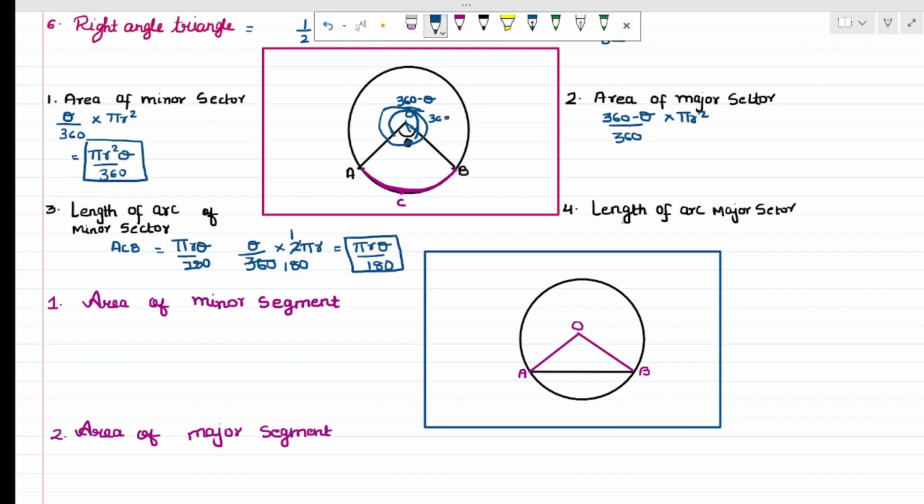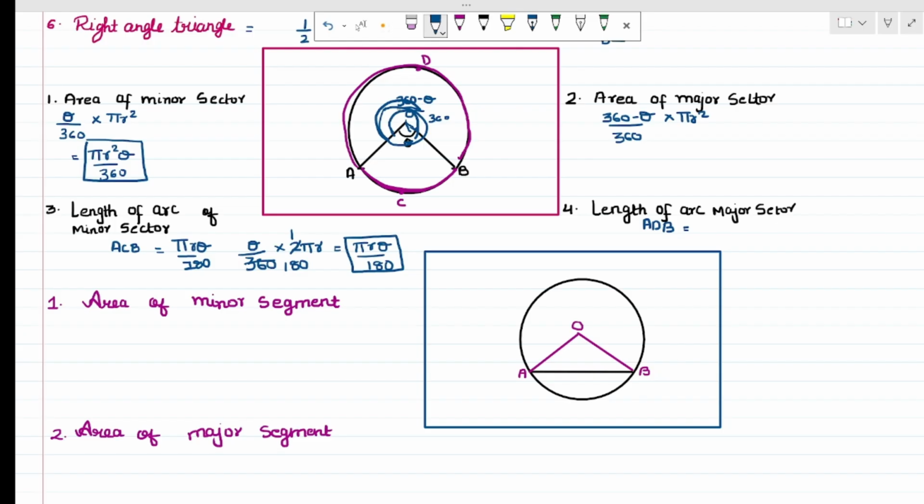Next comes the length of the arc for major sector. If I want to find this major arc, take this as my major arc and a point D. If I want to find the length of arc ADB, how can I find it?